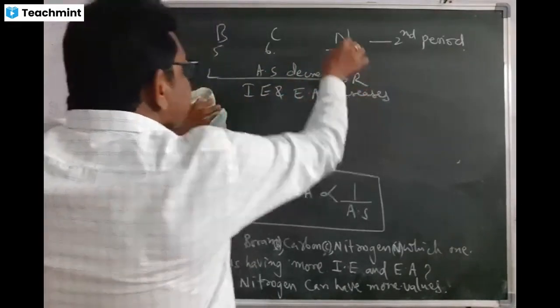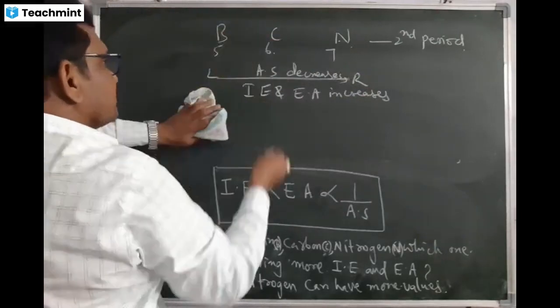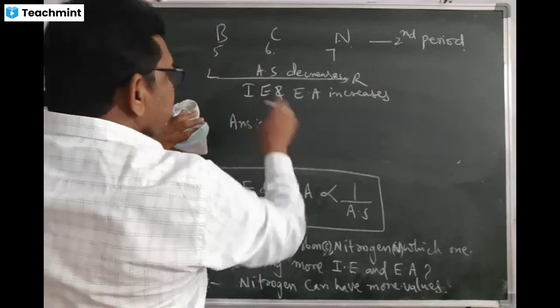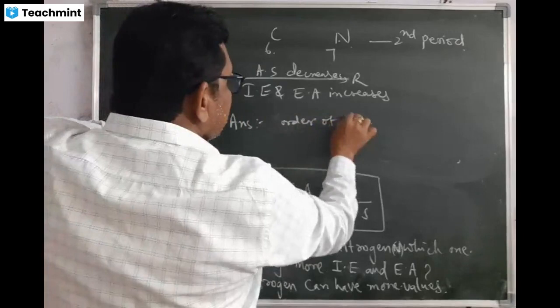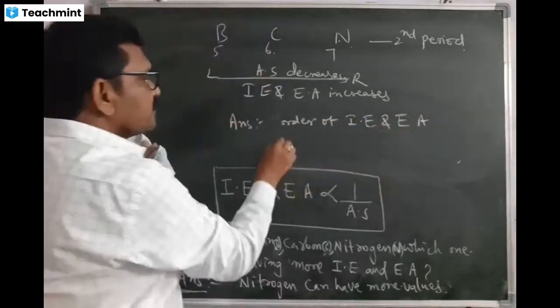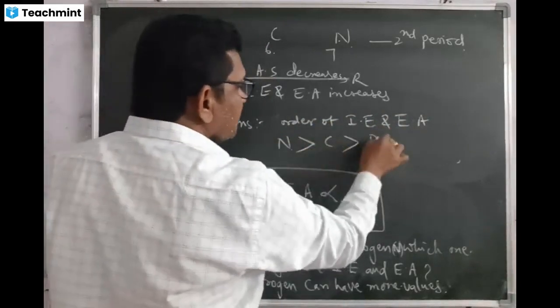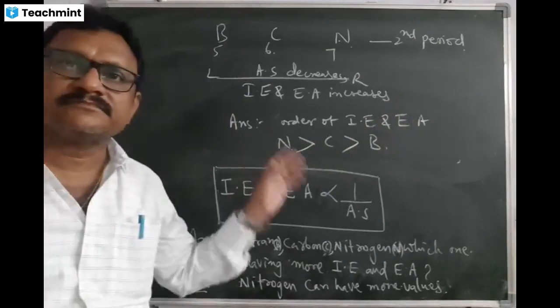That means here nitrogen has more ionization energy and more electron affinity than these two. So the final order of ionization energy and electron affinity is nitrogen more than carbon, more than boron. Clear?